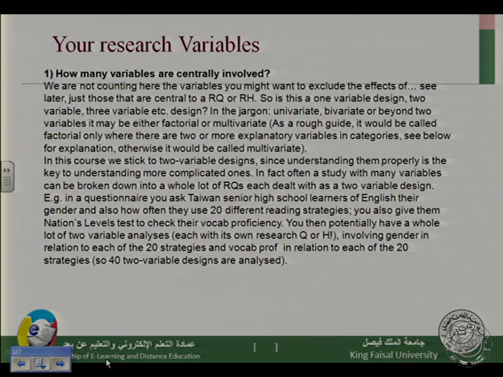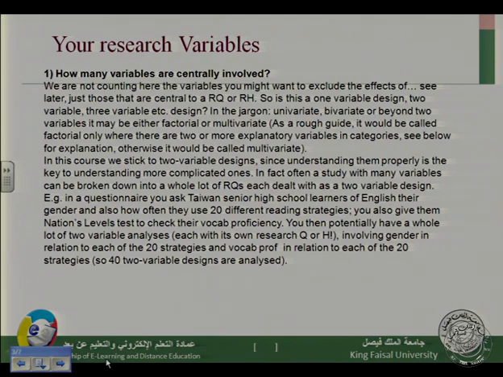Yes, here is an example about Taiwanese learning English, and you want to check only 20 strategies of their reading. You remember when you studied with me non-fictional prose, we studied a lot of reading strategies.